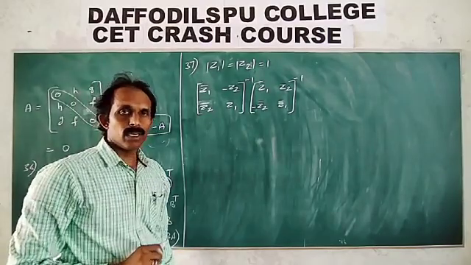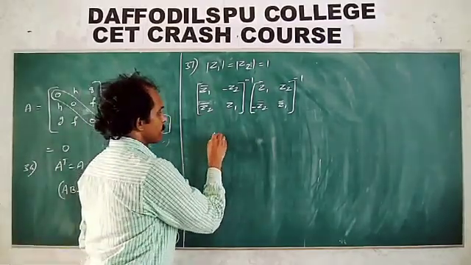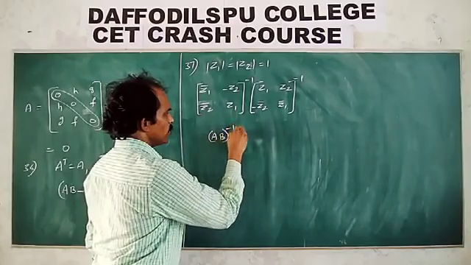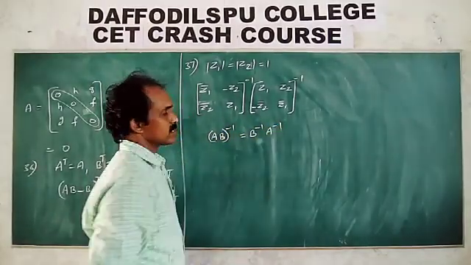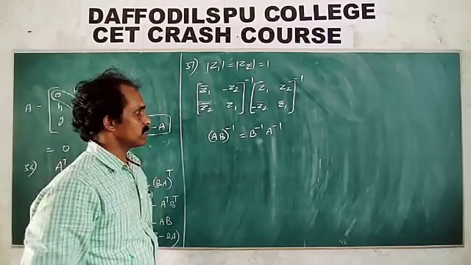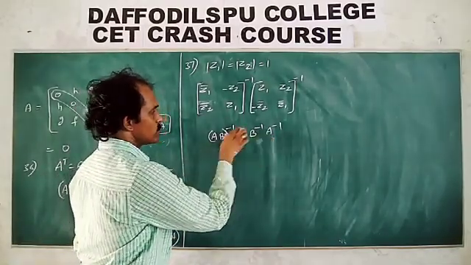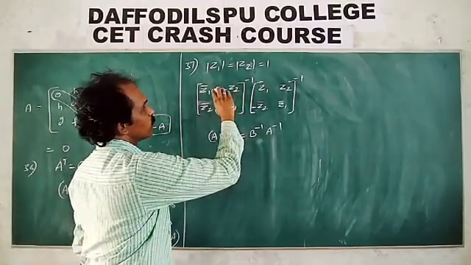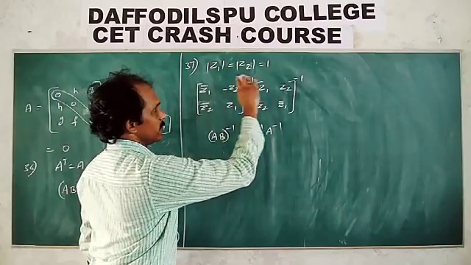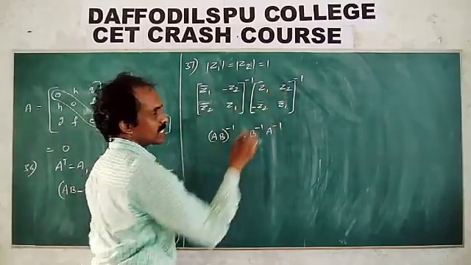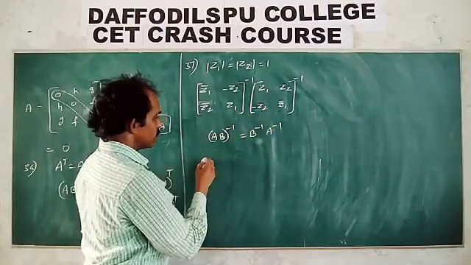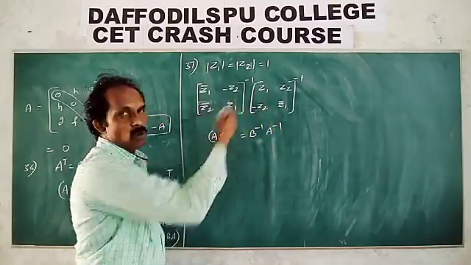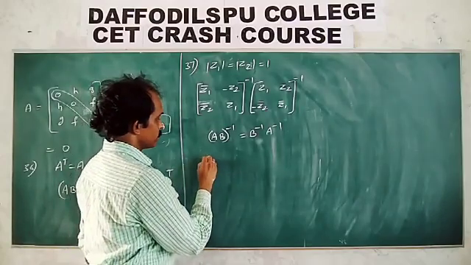We know the inverse property: AB whole inverse is equal to B inverse into A inverse. Or B inverse into A inverse is equal to AB whole inverse. So suppose this is B, this is A. B inverse into A inverse can be written as AB whole inverse. Therefore, this into this, whole inverse, right?